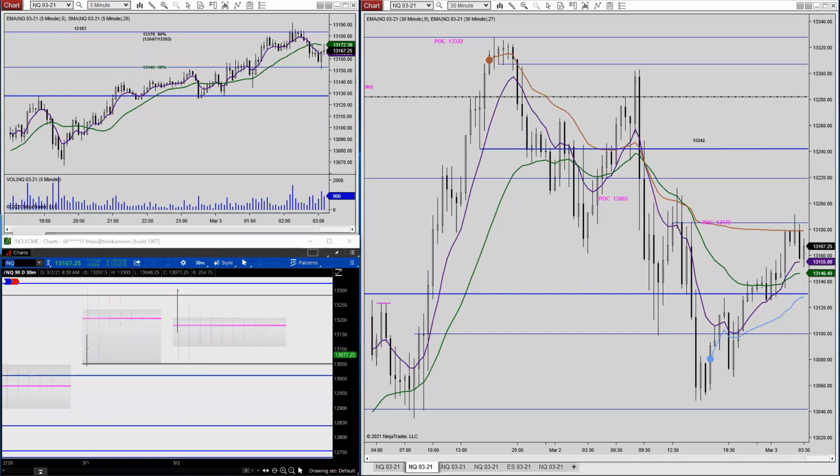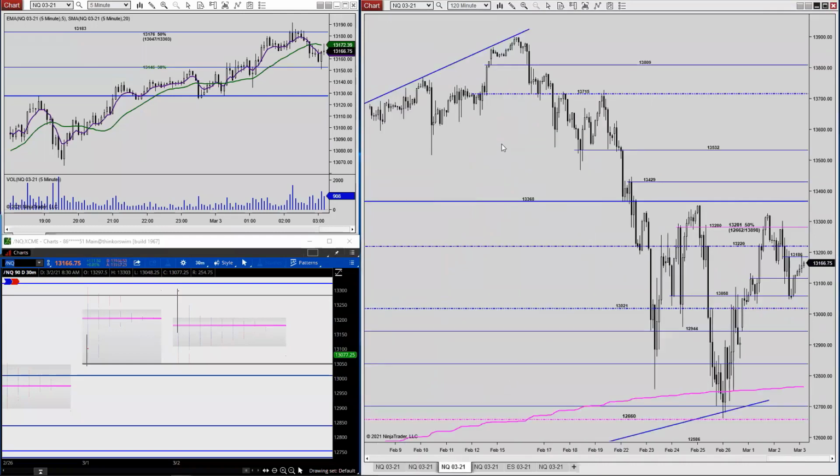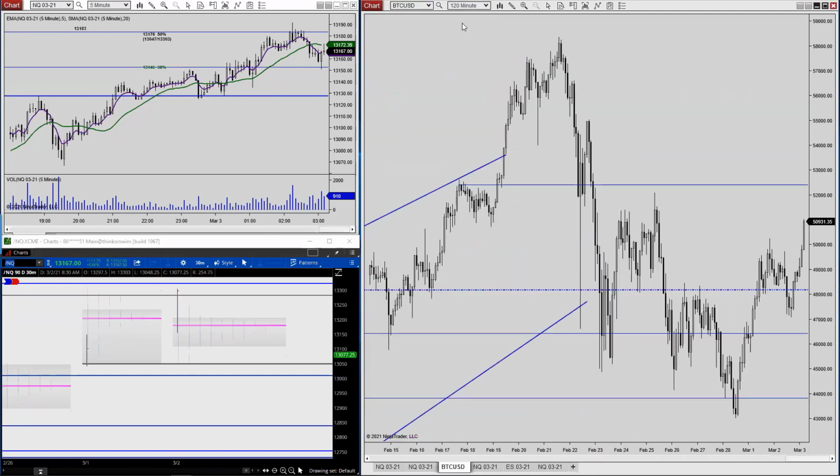On this side, we can take a look at Bitcoin. Sure, one moment. Yeah, this is doing very, very well here with Bitcoin.